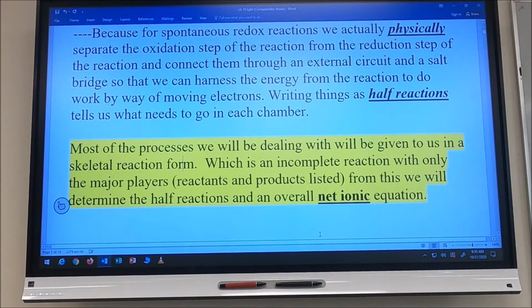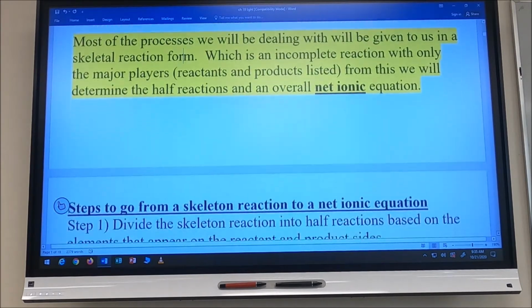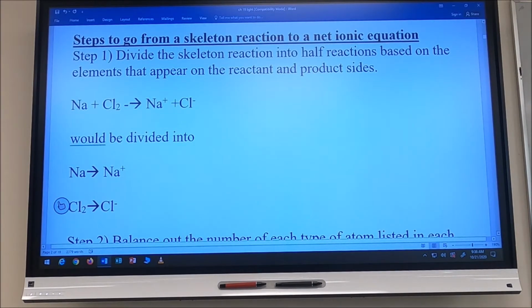The major components of the reaction are there, but not all of the things you need to complete a full net ionic equation. So, what we want to be able to do is go from a skeletal reaction to a net ionic equation. So I'm going to run through the steps here.